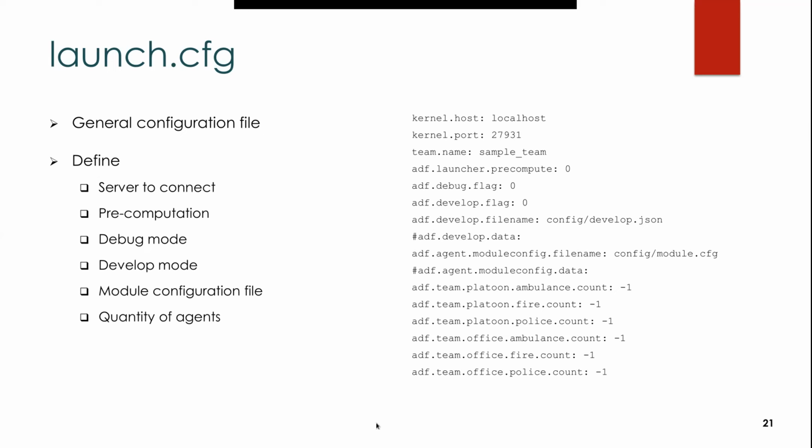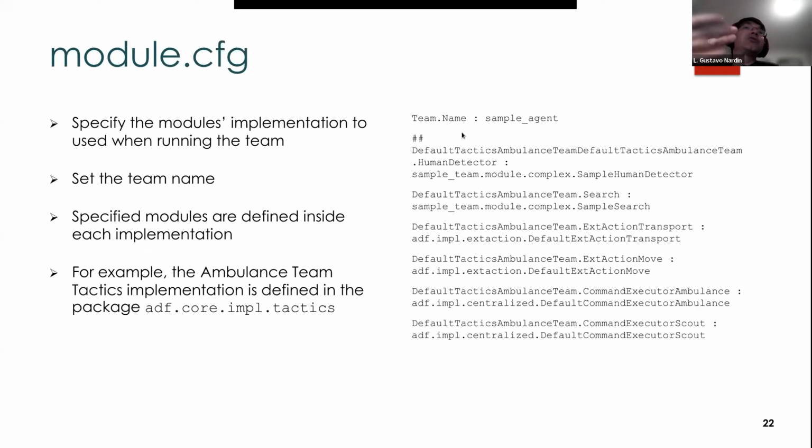Yeah. So here is where you define the general characteristics of your agent team. Then you have the module.cfg. Here on the right is just a snippet of part of the module.cfg, because this file is huge, and if you open one of them in the real repository, you will see that there are many definitions.